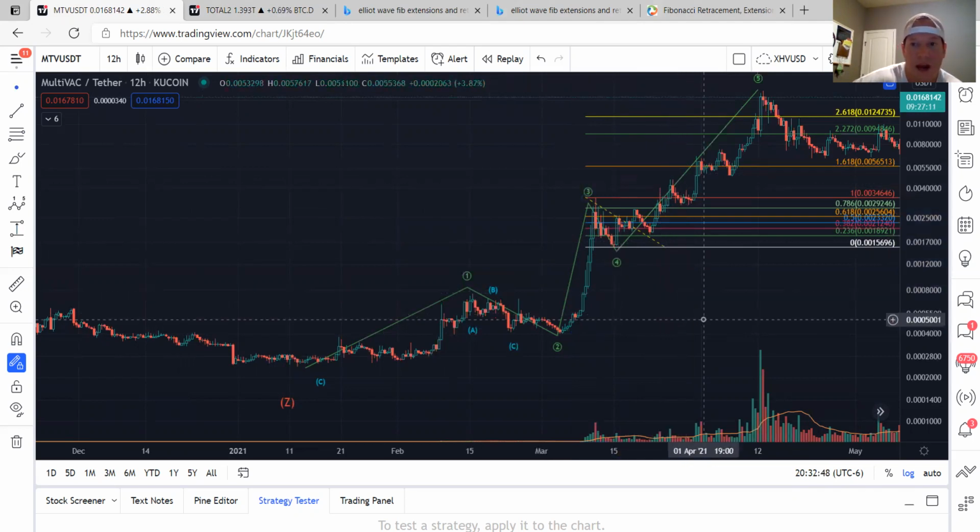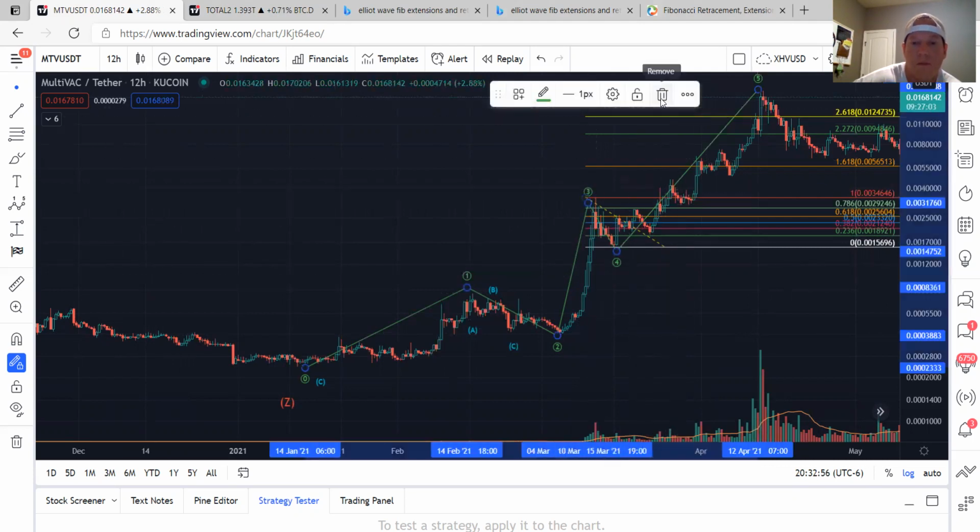So hopefully that helps you guys, gives you an idea of how to enter markets and how to exit markets, where to put your sells, where to put your buys, and of course, always use stops. This is not foolproof. If it was, I'd be a billionaire. You have to use your stops. You have to use risk management.